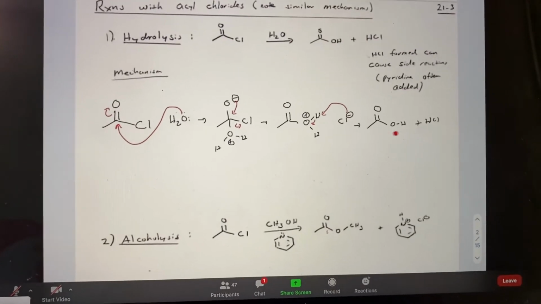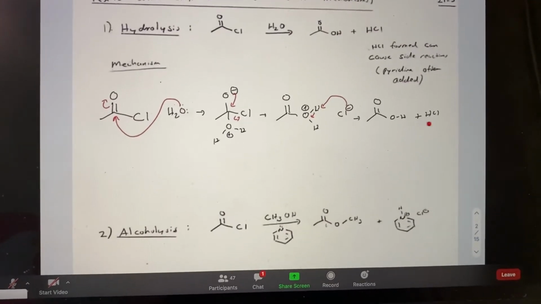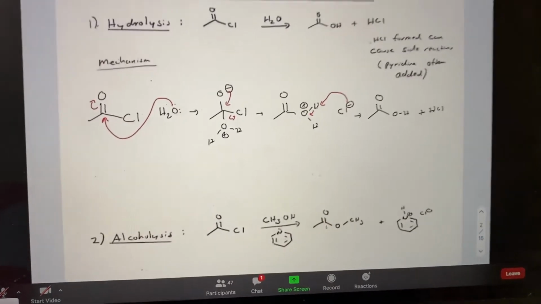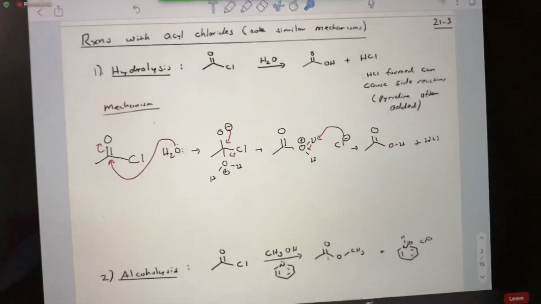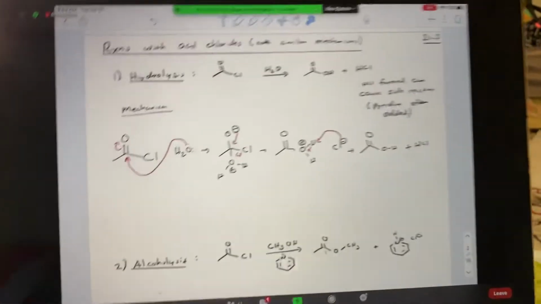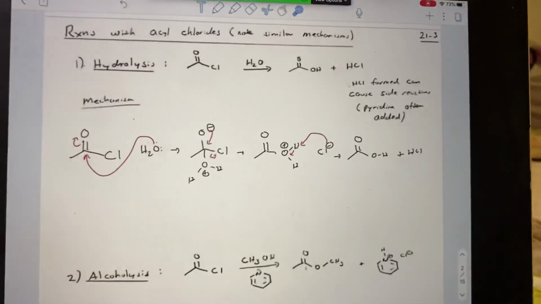So that gives us a carboxylic acid and HCl as our products that we've seen. Not a useful reaction, other than to show the mechanism.